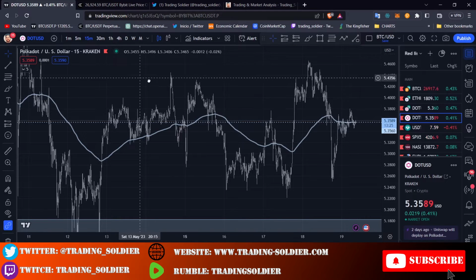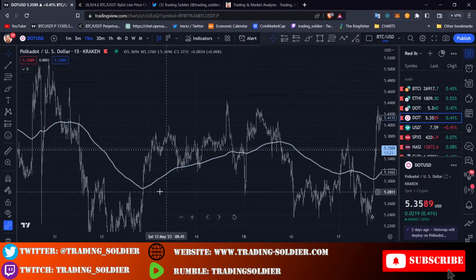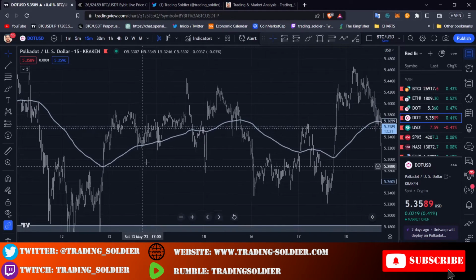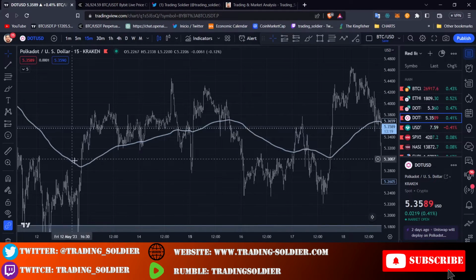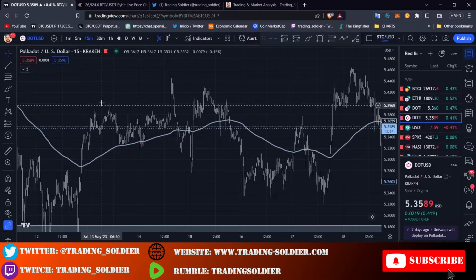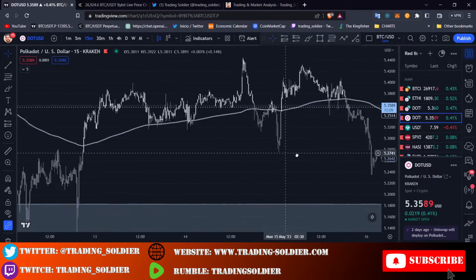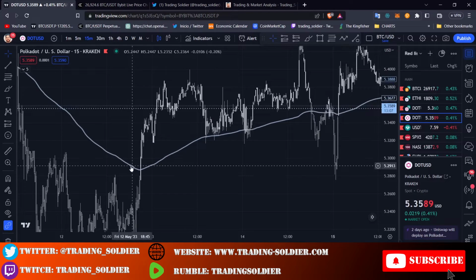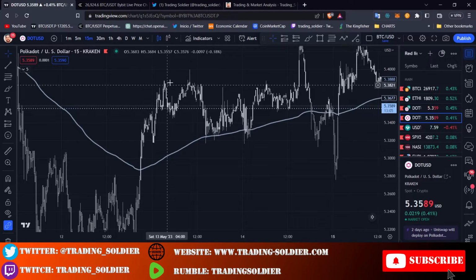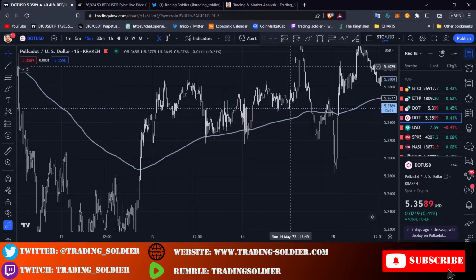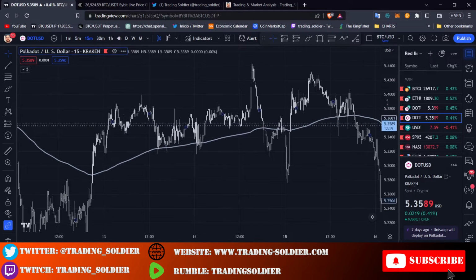When the price is above the 200 EMA, we should be taking only long trades. For example, at this point the price broke the 200 EMA, retested it and went up again, retested, went up again. This time it broke down but went up again.